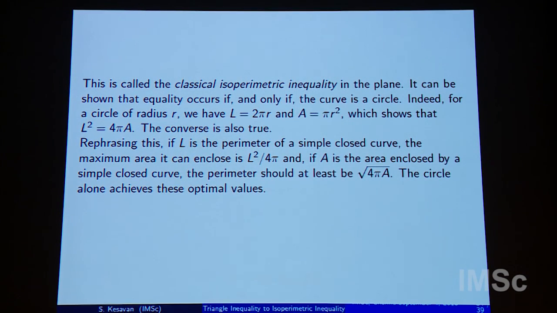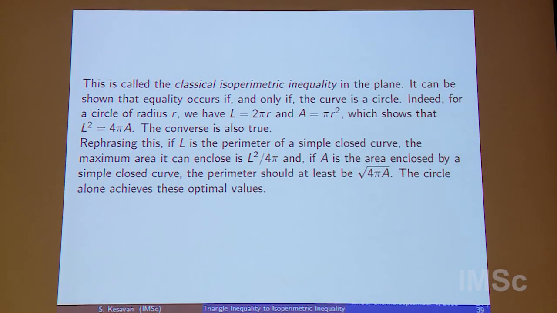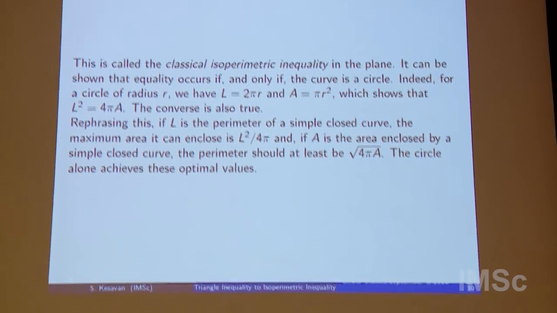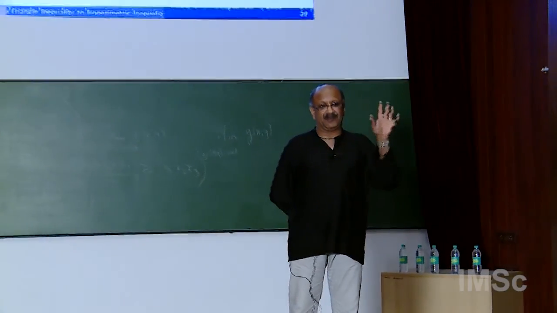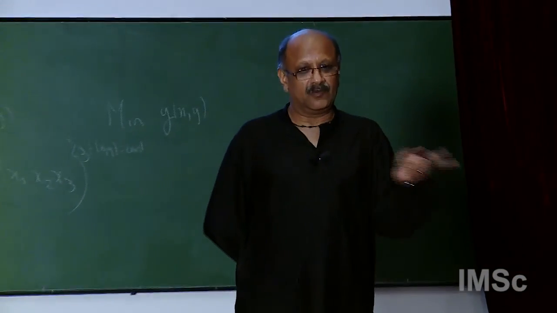So let us rephrase this again. Of all curves of given perimeter, the circle encloses the maximum area. And the dual problem, of all curves of given area, the circle minimizes the perimeter. Okay? This is the dual problem.